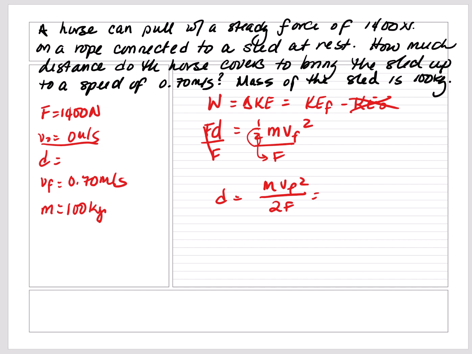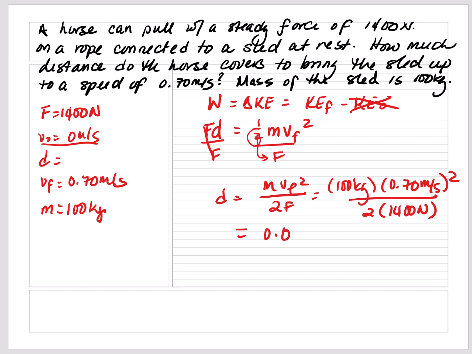If I plug this in, this is 100 kilograms times 0.70 meters per second squared, divided by 2 times my force, which is 1400 newtons. So if I plug this in, this becomes 0.0175 meters. So if you are stuck and you don't know where to start, identify the variables. The only formula we have with these variables is the work kinetic energy theorem.